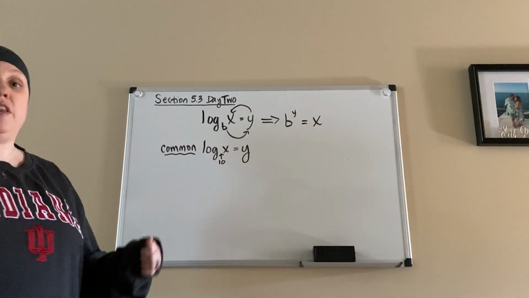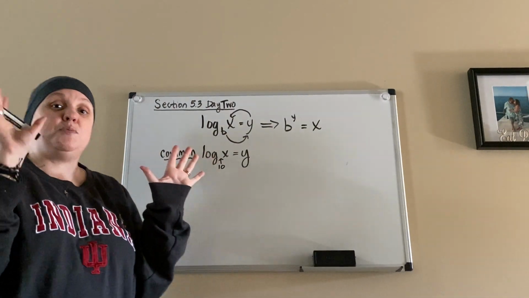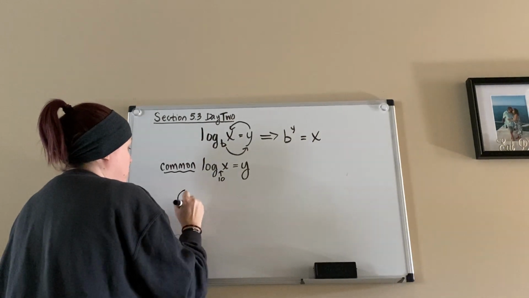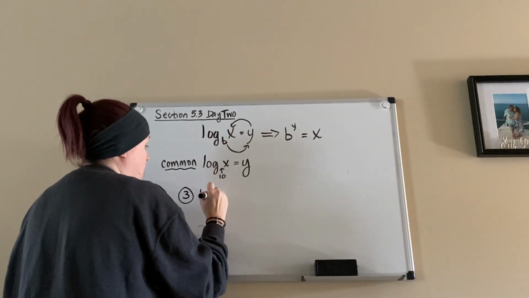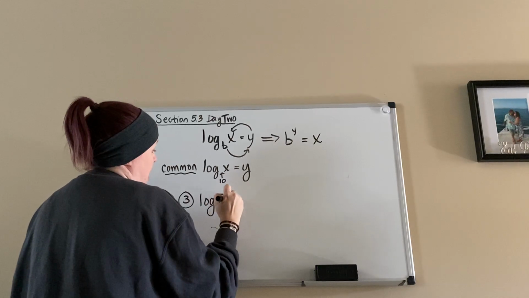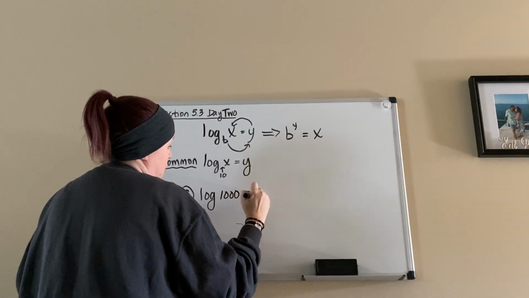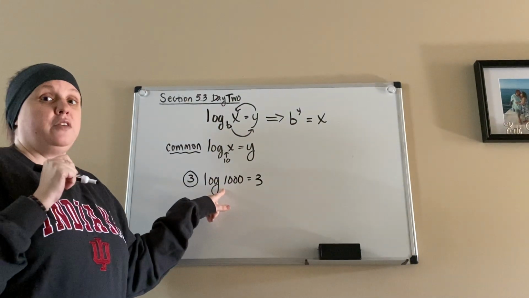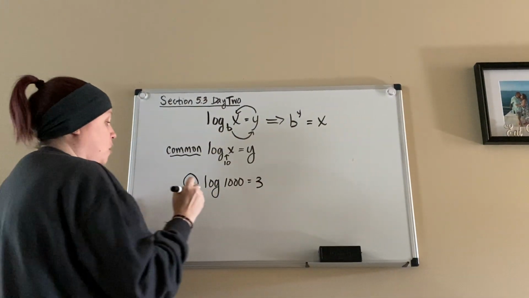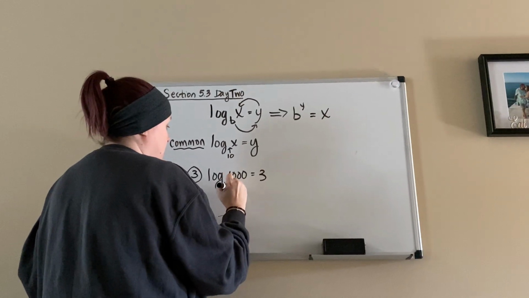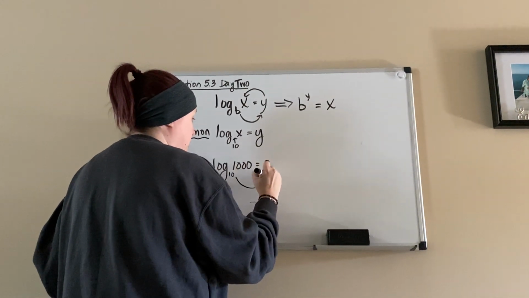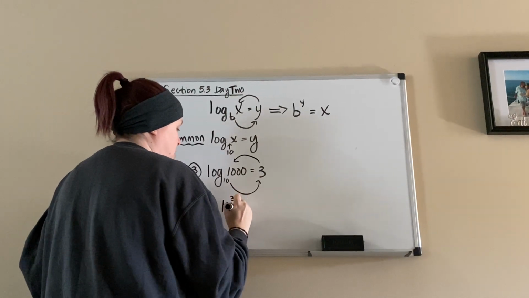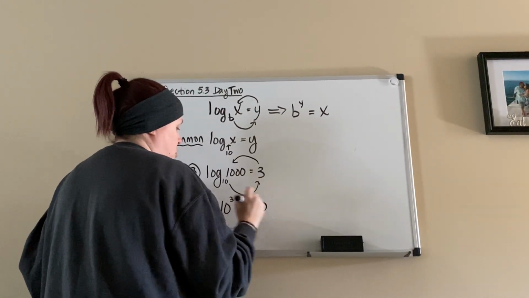You just have to know that it's the invisible 10. So if I gave you, here's my problem 3, log of 1,000 equals 3, I would look at this and go, oh, I know the invisible 10 is there. So I would do the problem around the circle: 10 to the 3rd equals 1,000.